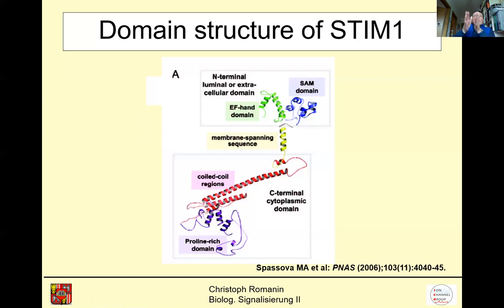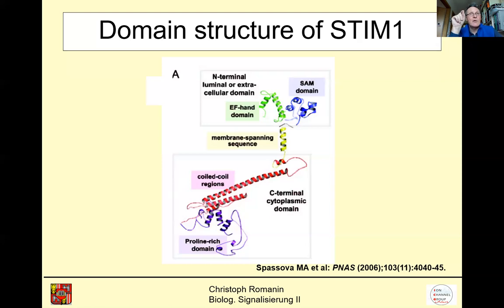So they allow the communication between proteins, because one coiled-coil domain can very nicely interact with another coiled-coil domain, and by binding to each other, in our case, the CRAC channel might, for instance, be activated.